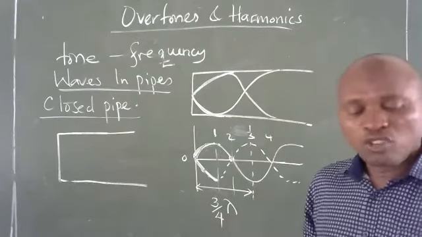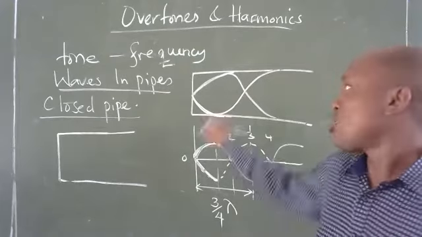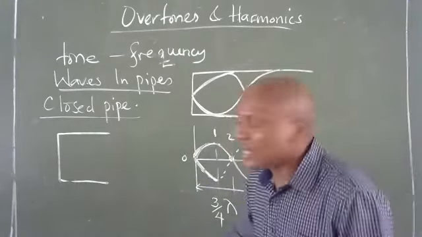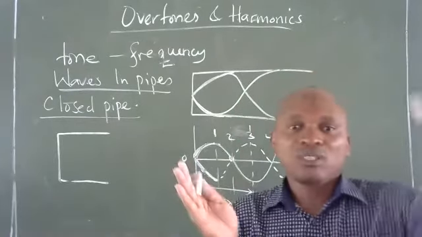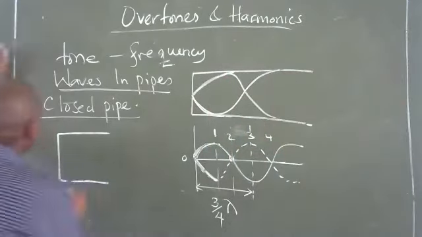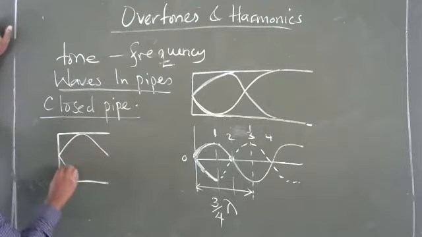Now, when they talk about a pipe in physics, a pipe that is open at one end means that the waves do not meet at the open end. These waves, one that comes from down, does not meet there. What does it mean by not meeting? We can't have a shape like this.